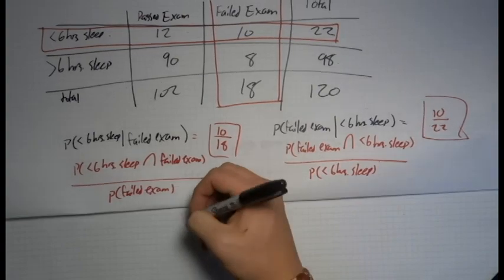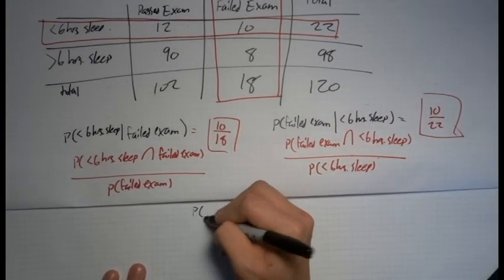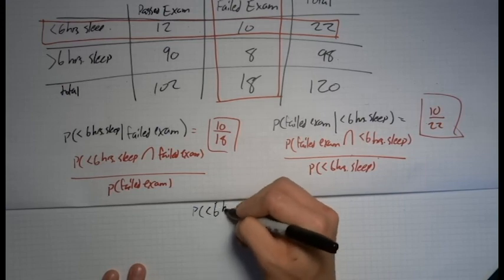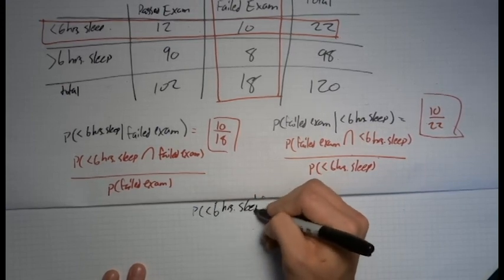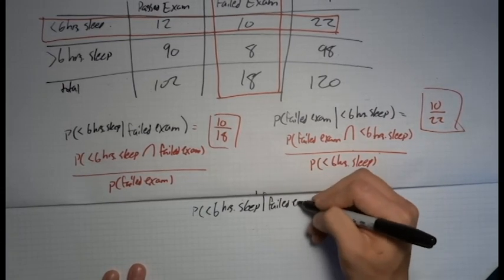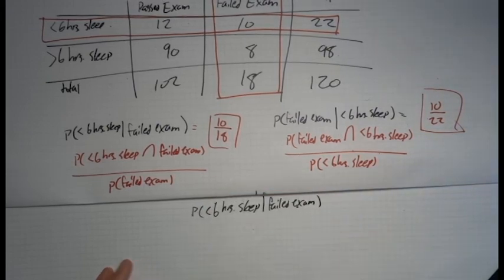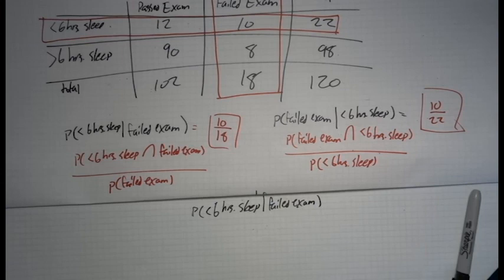So, let me move this up a little bit. All right. The probability less than 6 hours of sleep given they failed the exam. All right. So, we're going to set up the problem like we have been in the past.